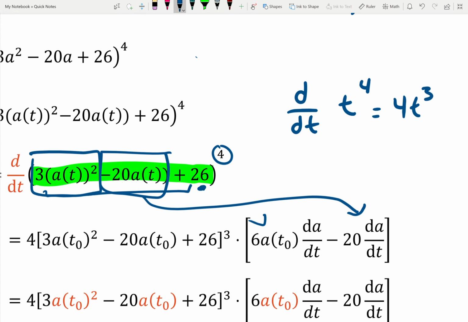Okay, so hopefully this should be pretty familiar to you guys if you watched my implicit differentiation videos or my chain rule videos or any of the other two related rates videos.